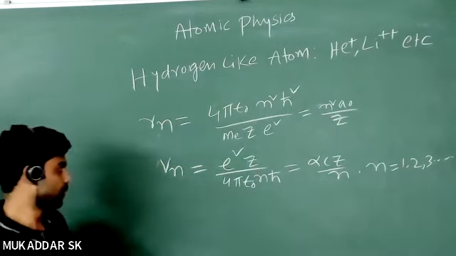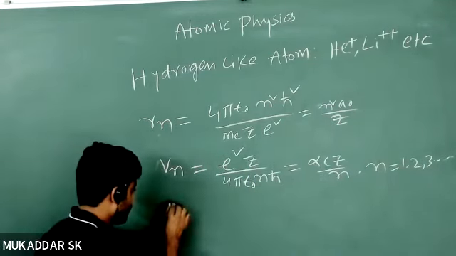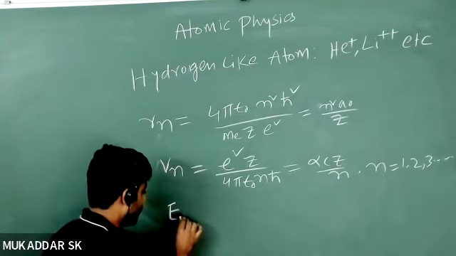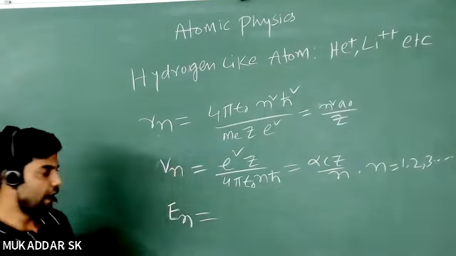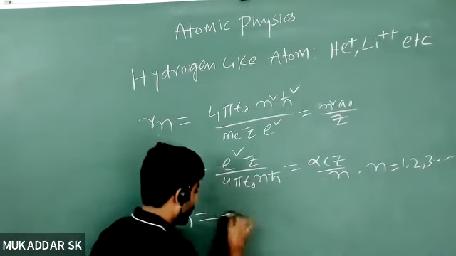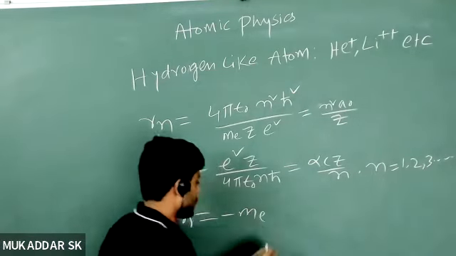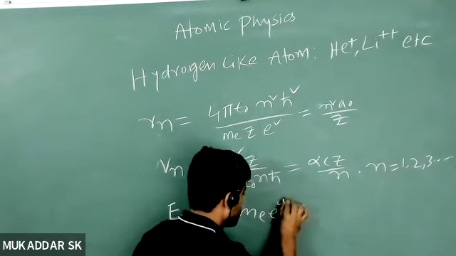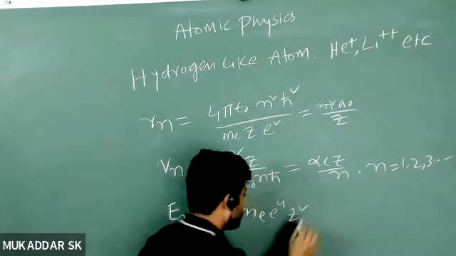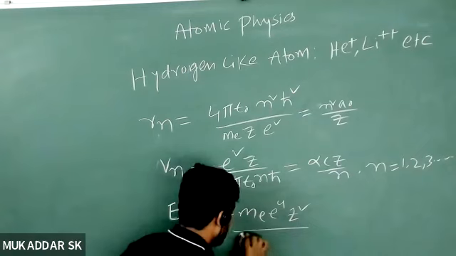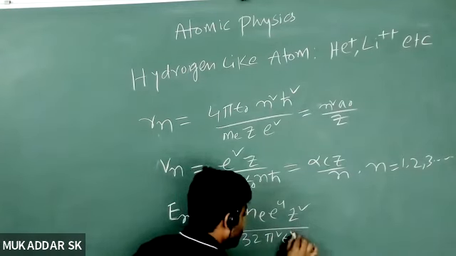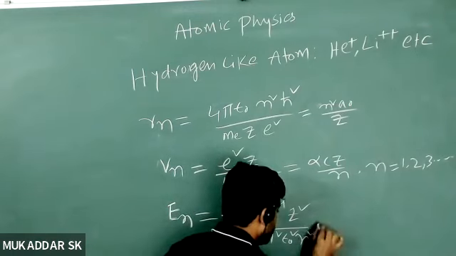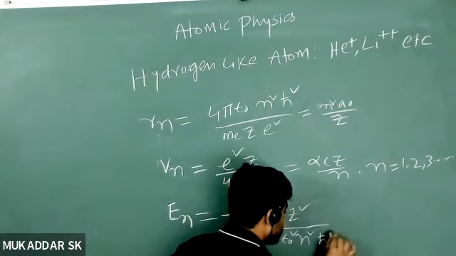Then we have also seen the expression for the total energy of that electron, which is a function of principal quantum number, and that value was minus m e to the power 4 Z squared divided by 32 pi square epsilon naught square n square h cut square.